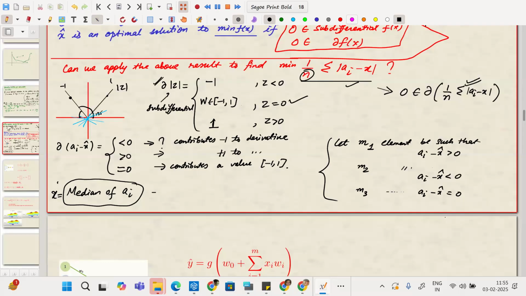That is, if you put x to be the median of AIs, it will minimize the sum of absolute values of the data.